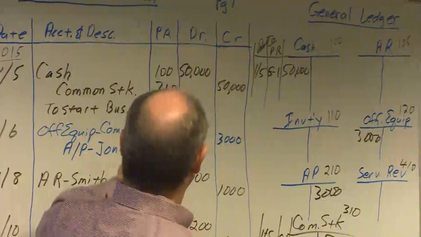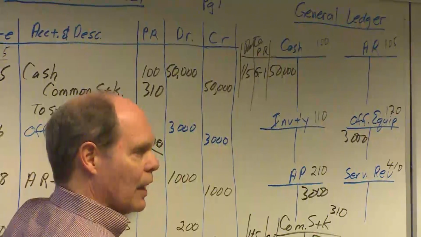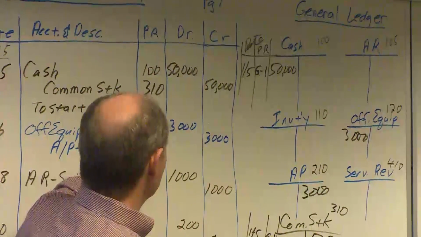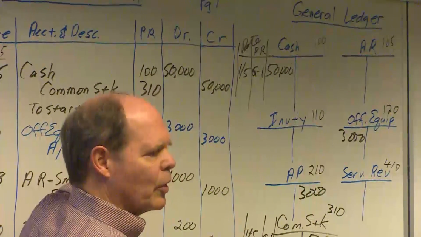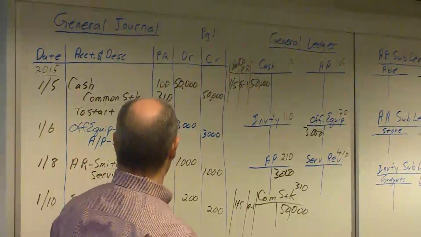So that indicates I posted to the general ledger account, and I also posted to the subsidiary ledger account. Now, the subsidiary ledger might also have a number. In fact, it really would. But for simplicity, we'll just assume a check mark.